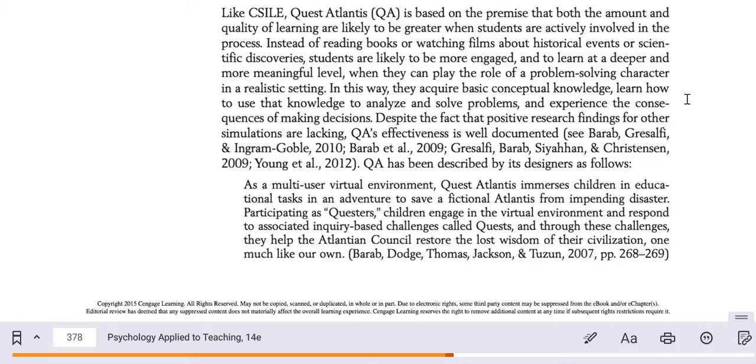Participating as questers, children engage in the virtual environment and respond to associated inquiry-based challenges called quests, and through these challenges they help the Atlantean Council restore the lost wisdom of their civilization, one much like their own.